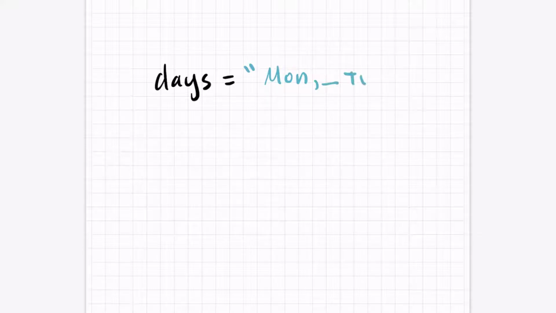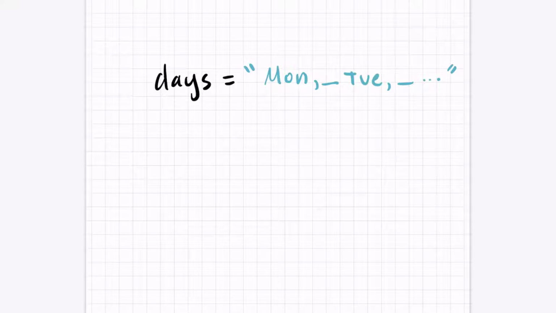Okay, so in order to solve this problem, I'm going to write out here days equals, and I'll switch the colors, Monday, comma, and I like to add the underline here, and then Tuesday, and then underline dot dot dot. That's just how I'm going to show what I'm doing here. Now I'm going to start labeling.